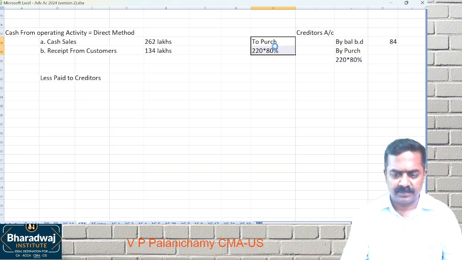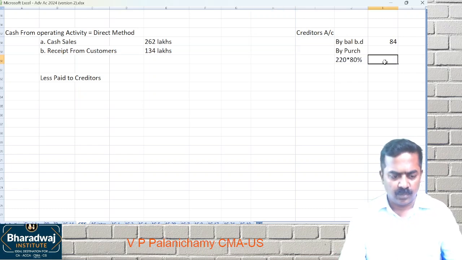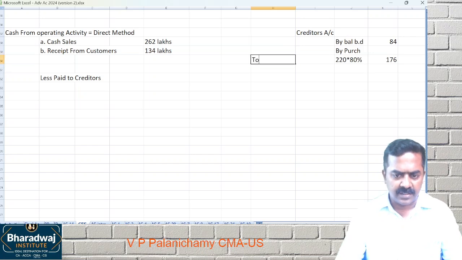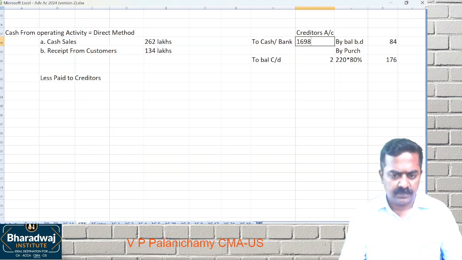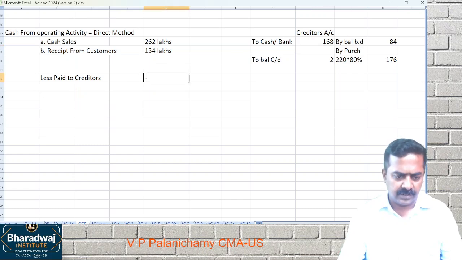How much amount? 176 lakhs. Then to balance carry down 92 lakhs. As a balancing figure, you will get what? Cash or bank. What is the amount paid? 168 lakhs. 168 lakhs paid to the creditors.